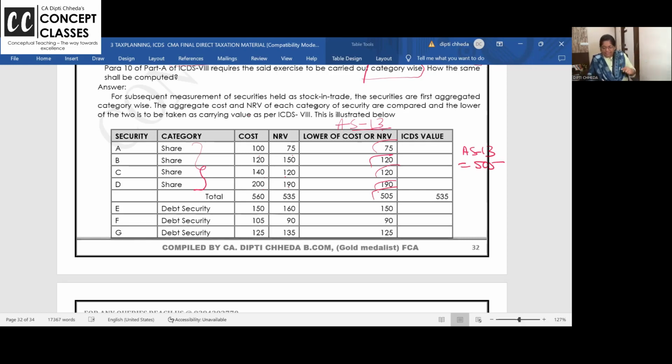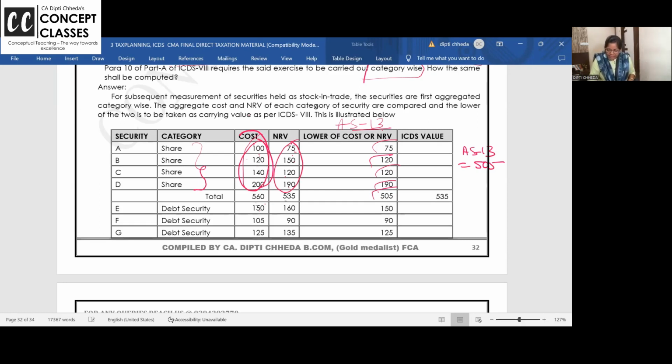Whereas ICDS says, take all items' cost and do the total. All the items, do the total of the whole category. Not individual, not script wise. This is script wise, no? 175, 120 and all. Don't do script wise. Do it category wise. Whole category cost, how much is it coming? 560. Whole category NRV, how much is it coming? 535.